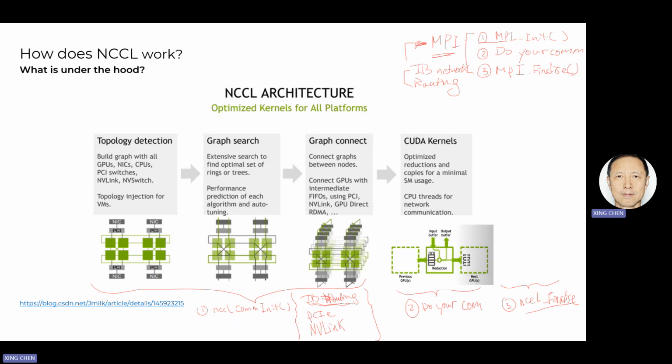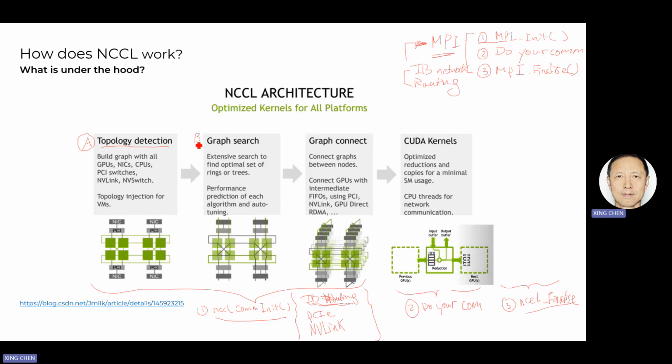That means for the NCCL library to work properly, we have more things to do in the initial part, to build up this communication infrastructure. There are three things that the NCCL library has to deal with. A, it has to do the topology detection.